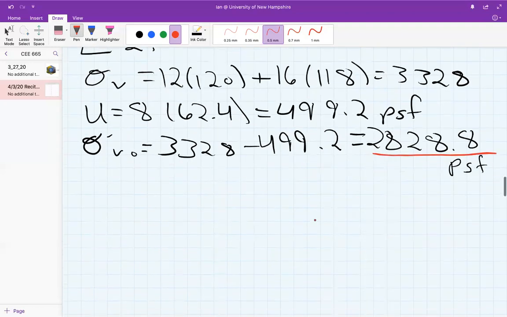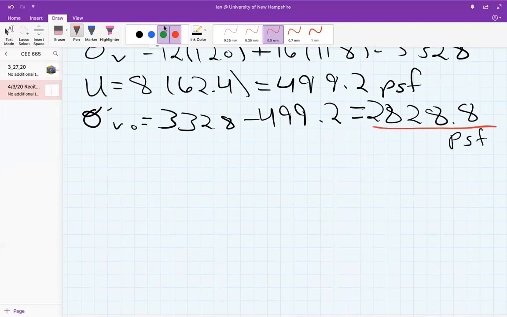So now for part B. We need to determine total settlement that will result from lowering the water table. So this settlement is all going to be in layer 2.